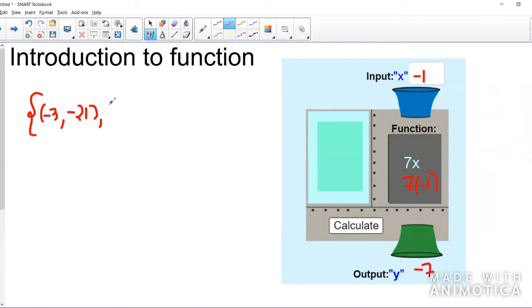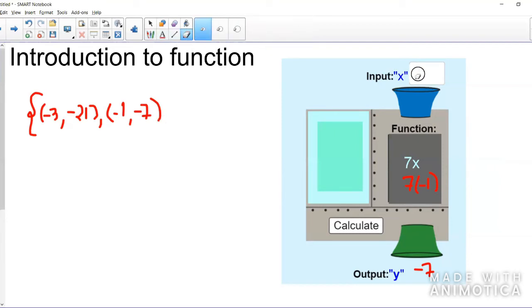Which means if the input is -1, the output is -7. So let's have one more example.